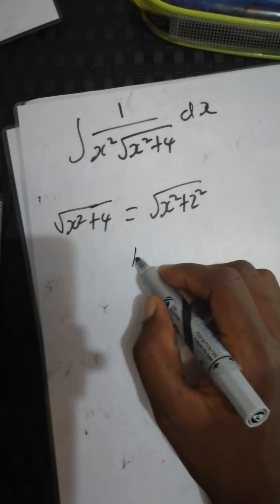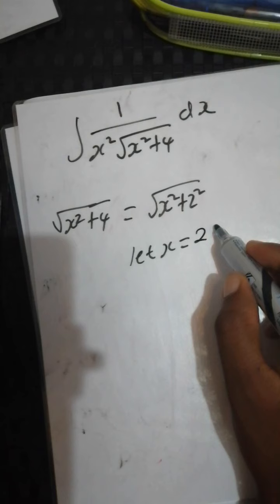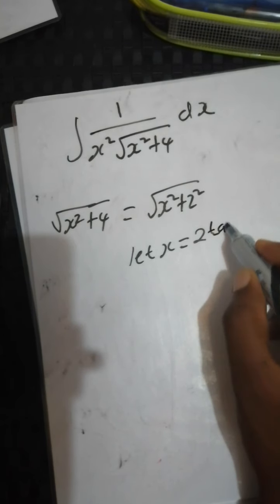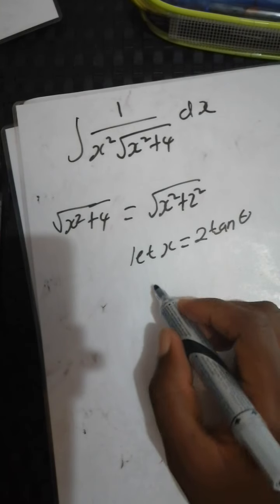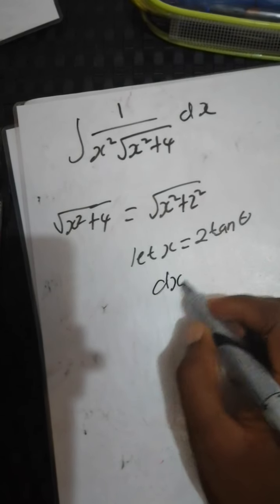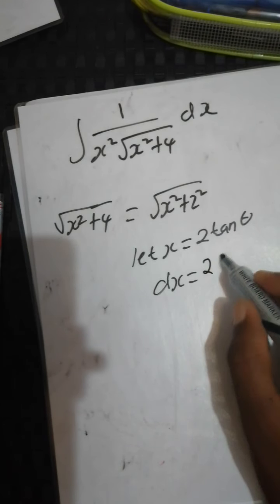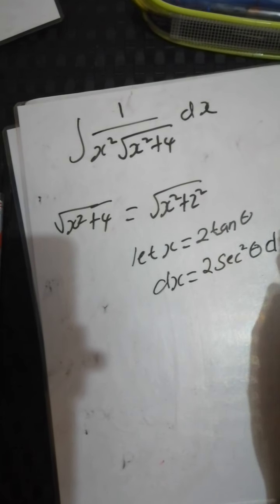So we let x be equal to 2 tan theta. So now we find dx, which is given by 2 sec squared theta d theta.